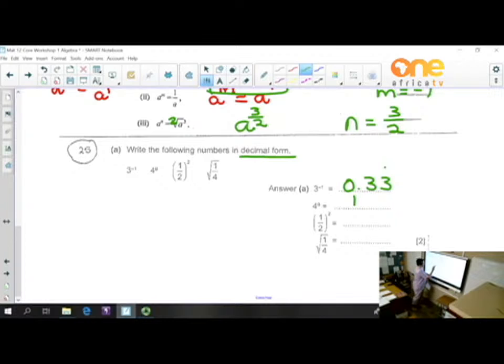A half, use the brackets there, to the power of 2 is a quarter, which is 0.25, because we have to get decimal answers here. And this one, again, on your calculator, the square root of a quarter, and that is a half, which will be 0.5.